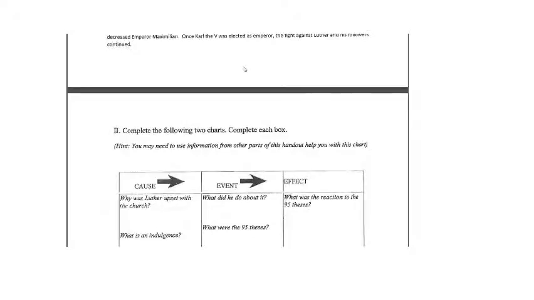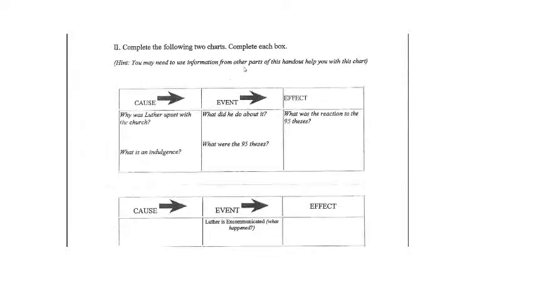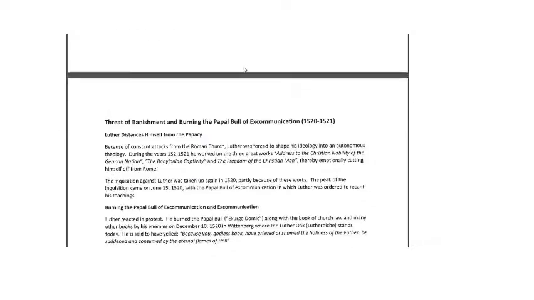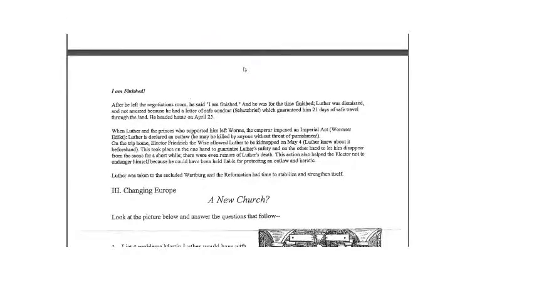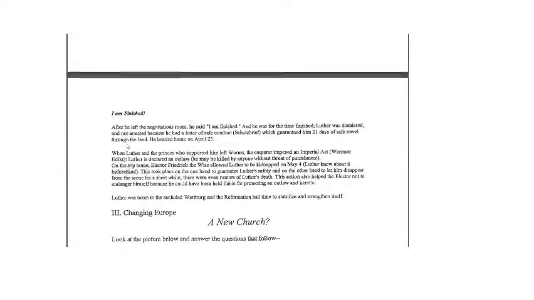So you're going to have to read that page, plus you'll have to go on all the way down to the end of the text, and it continues down here, all the way to Roman numeral 3, Changing Europe.